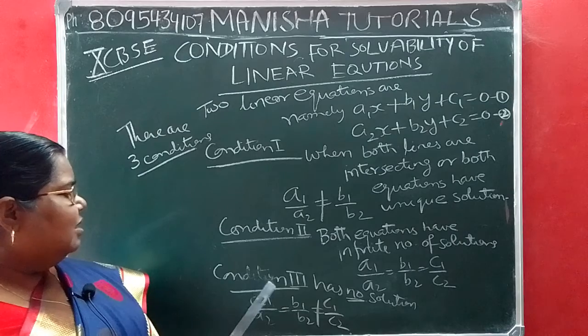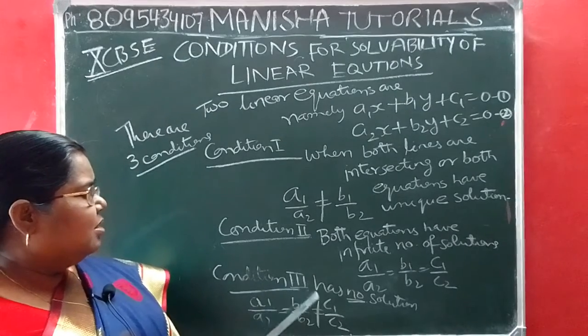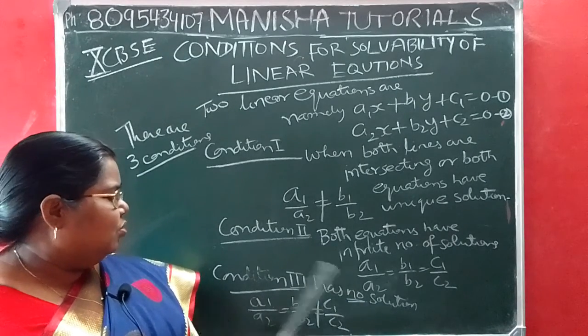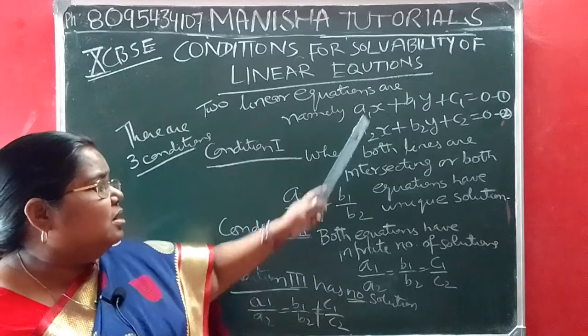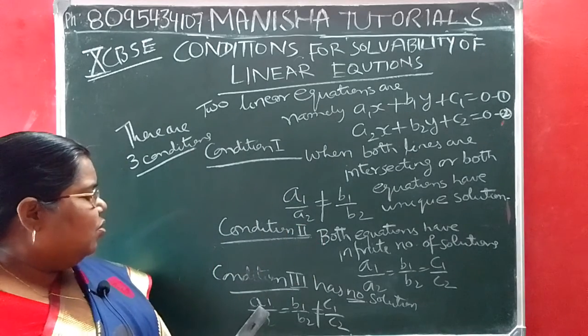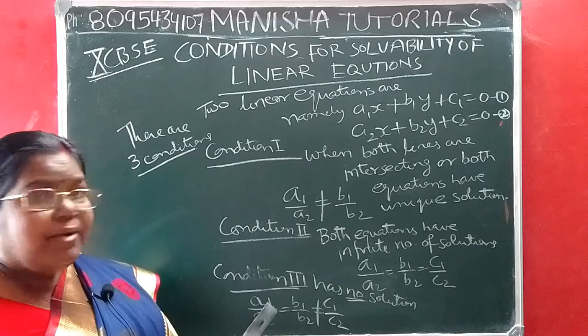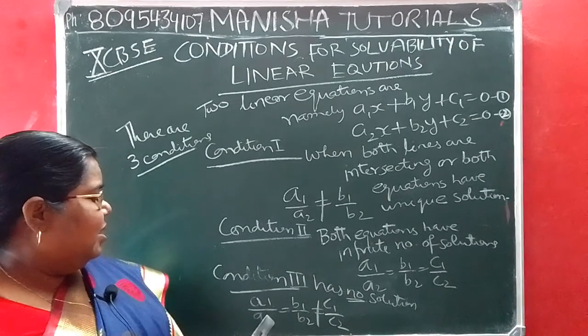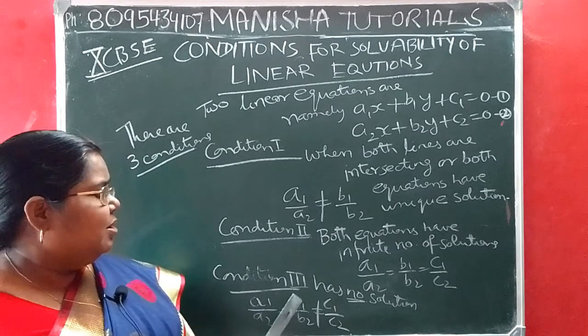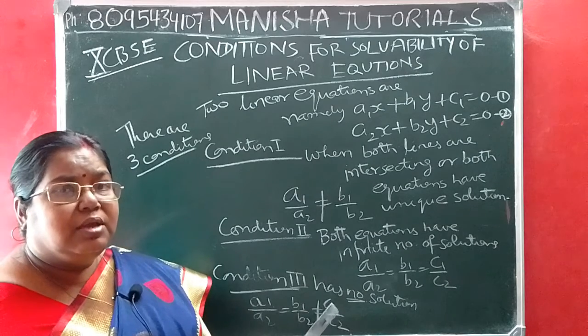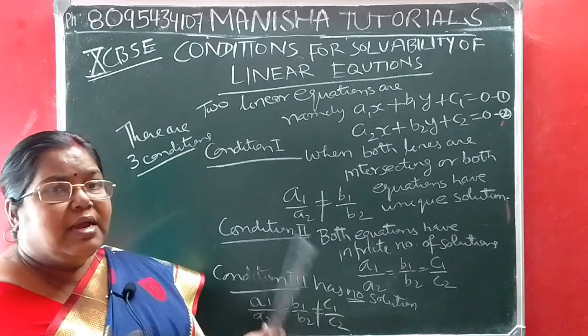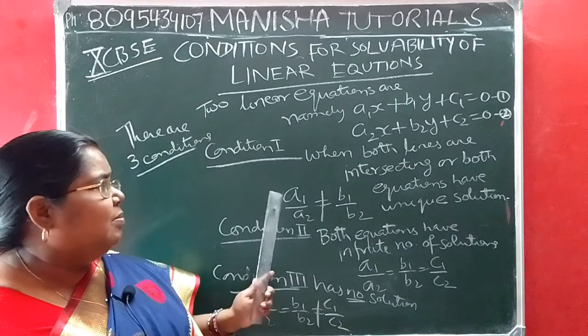And third condition, condition number 3: the equations have no solution. Both equations will have no solutions. No solutions means the condition is a1 by a2 is equal to b1 by b2 is not equal to c1 by c2. Always keep the three conditions in mind.